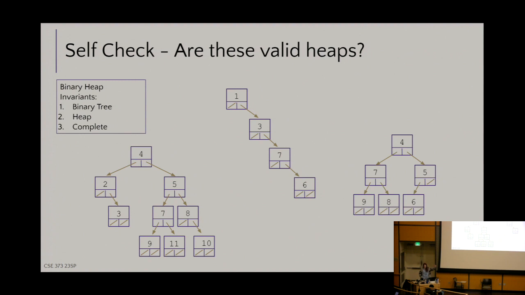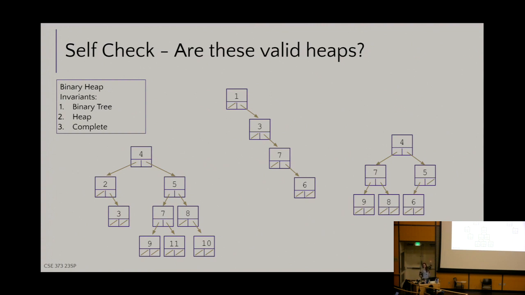Okay, let's move to the middle tree. Is that a valid heap? Which properties does it satisfy? Does it satisfy the binary tree property? Yes, I agree. Does it satisfy the heap property? See, I also tricked myself on this one. Yes. Which node invalidates the heap property?